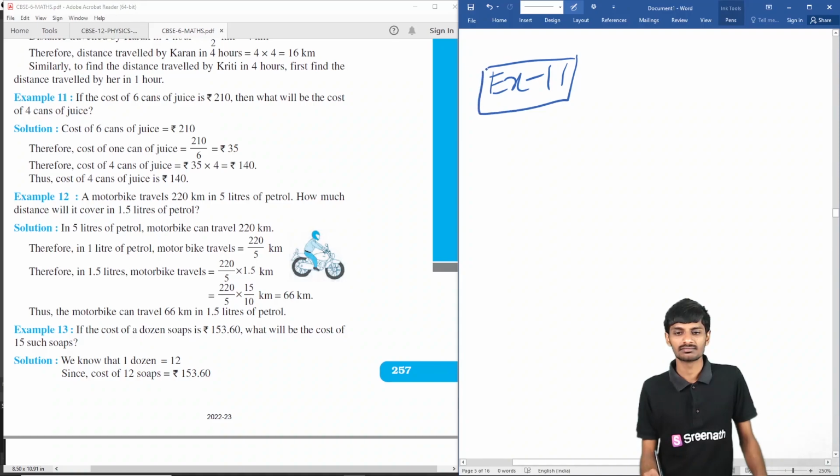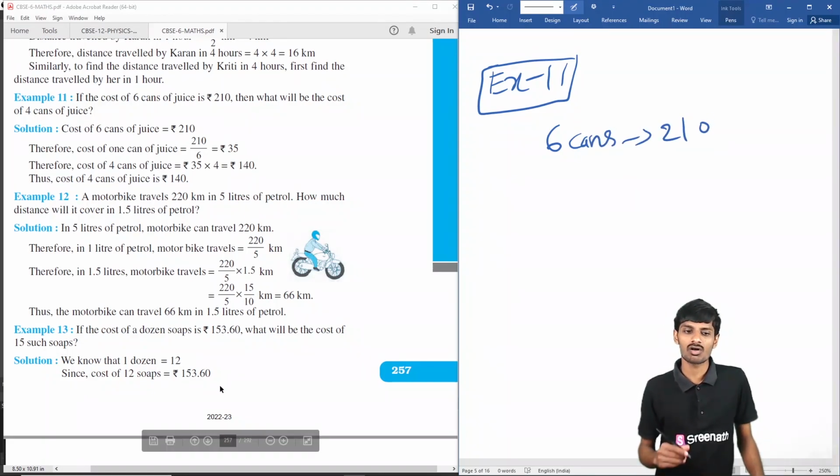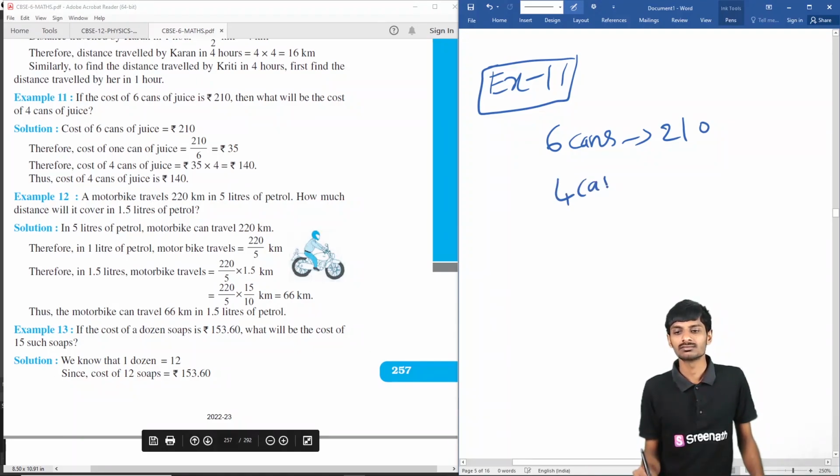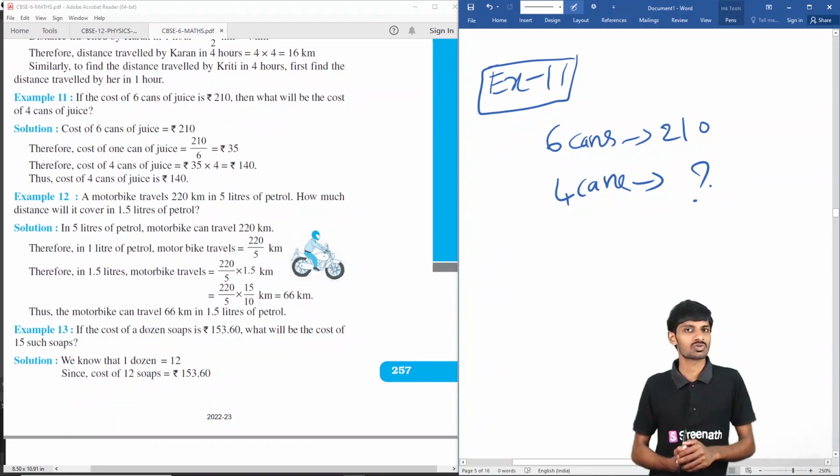Example 11 is there. Okay, so if the cost of 6 cans of juice is 210, then what will be the cost of 4 cans? You don't know, sir.